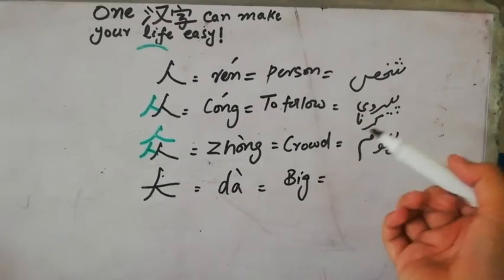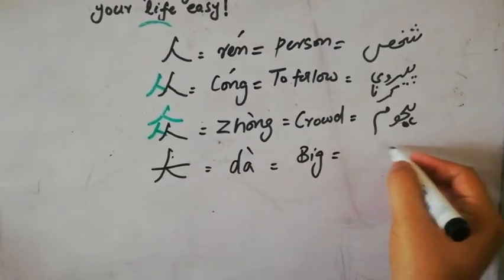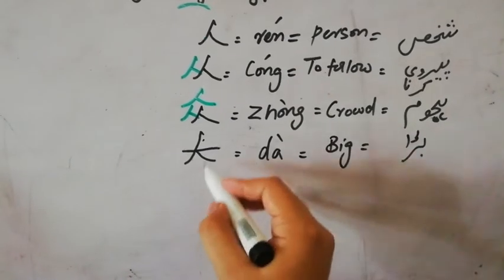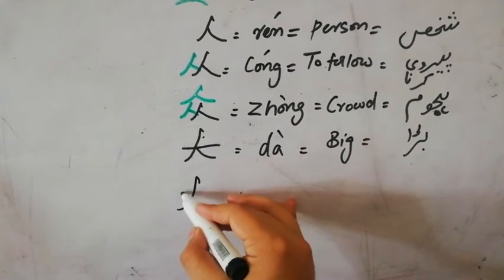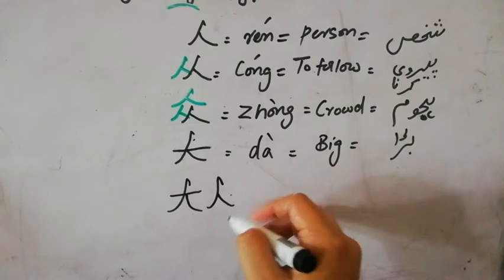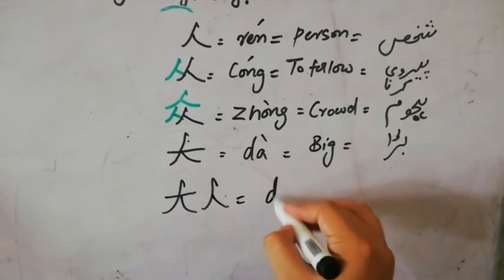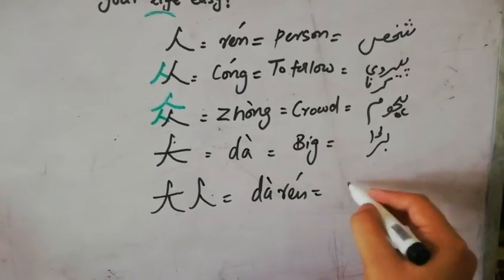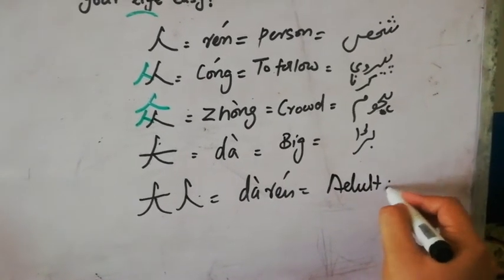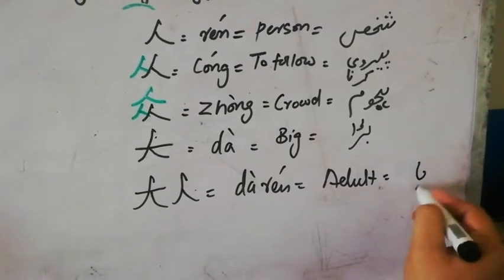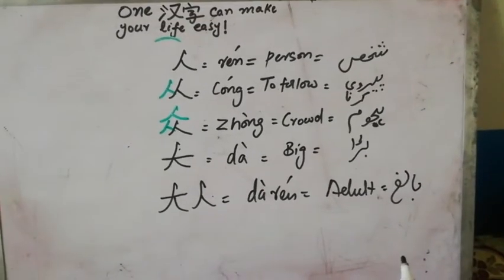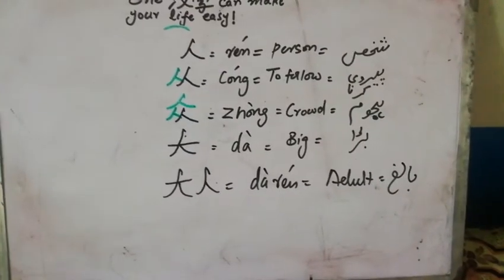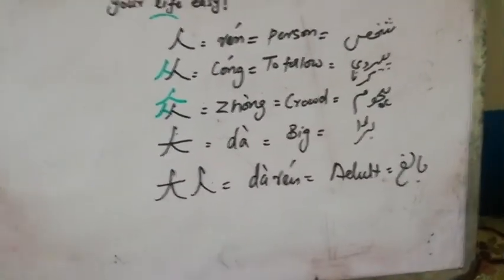Now you can add this with the character ren, and it becomes da ren, big person, or adult. Baalig, as it is called in Urdu. Adult. So you saw how the Chinese language made things easier by adding one simple character.